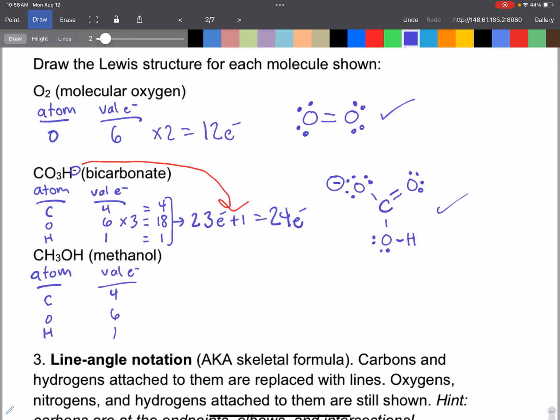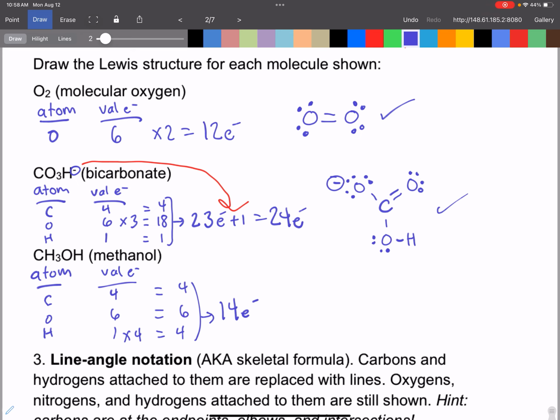We only have 1 carbon, so that's 4. We only have 1 oxygen, which brings 6 electrons, but we do have 4 hydrogens, so that's 4. No charges on methanol here. It's a neutral molecule, and so we sum these up and we get 14 electrons.